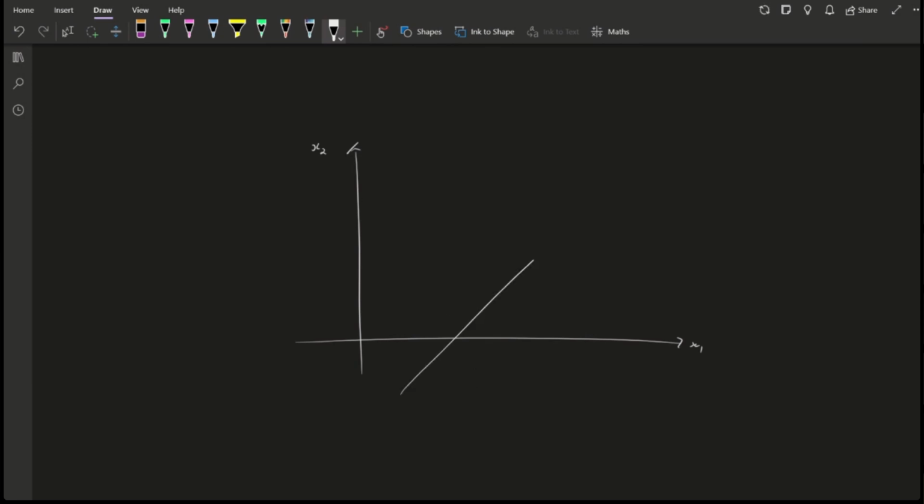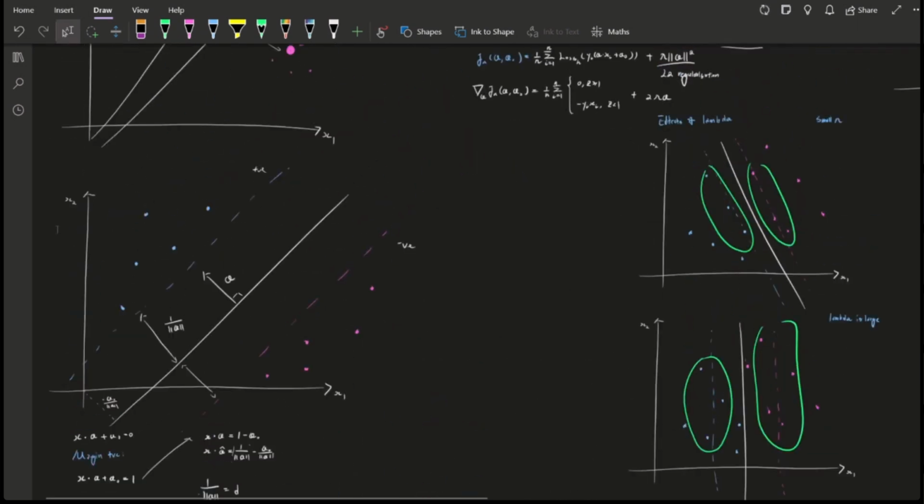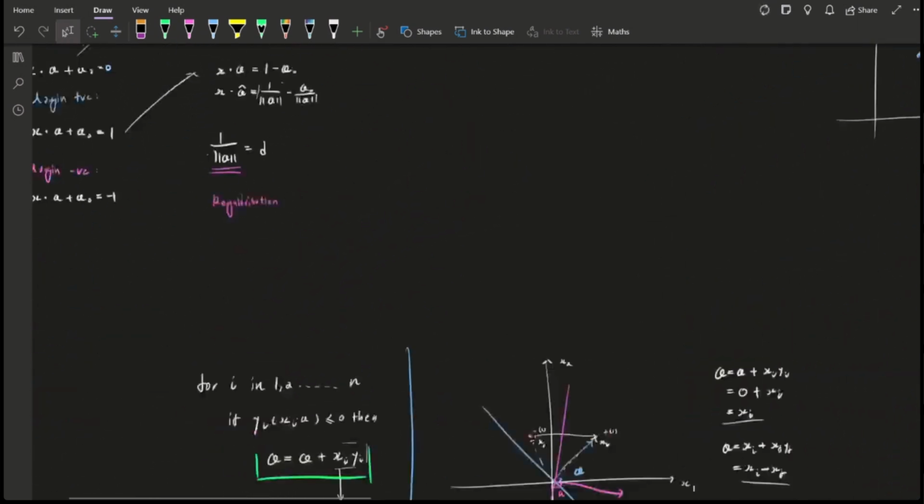Let's say I have some margin like here. So your concern is which side is positive and which side is negative, right? My concern is why is it 1 in the first place? You mean the margin? Yeah, the margin.